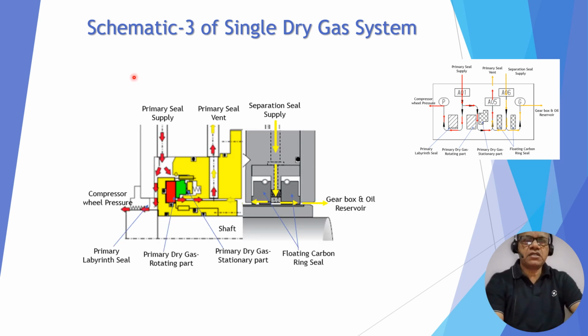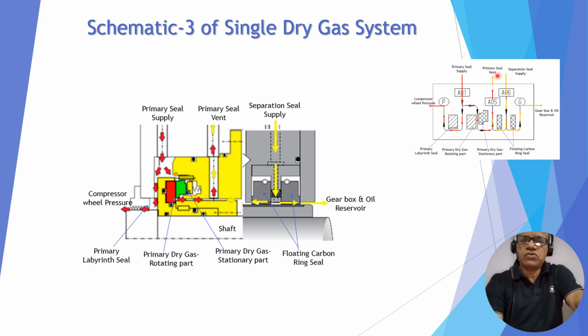Now we have a third schematic for the same single dry gas arrangement. You can compare this. Primary seal supply, you can see again this is the primary labyrinth, going to the compressor wheel pressure, this is the compressor side, and this is the oil reservoir and bearing side. Then you can see these are the dry faces, coming here and going to the primary seal vent.